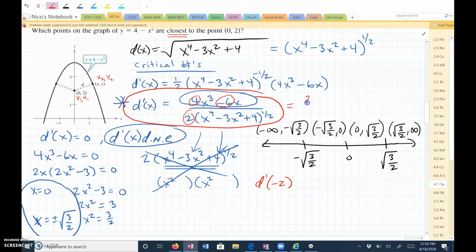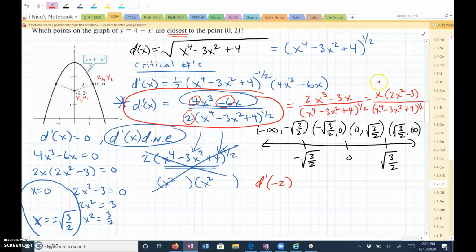This would be 2x cubed minus 3x all over x to the 4th minus 3x squared plus 4 to the 1/2. Here you can factor out an x. You have x times 2x squared minus 3 all over x to the 4th minus 3x squared plus 4 to the 1/2.